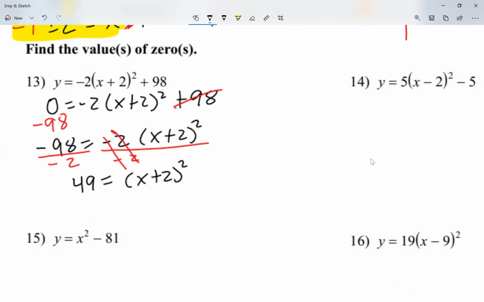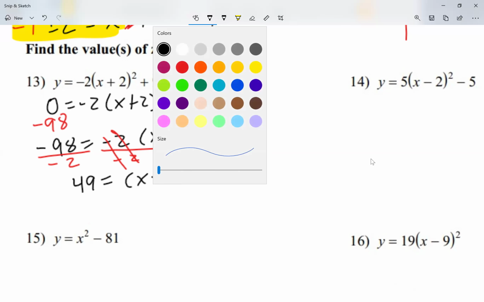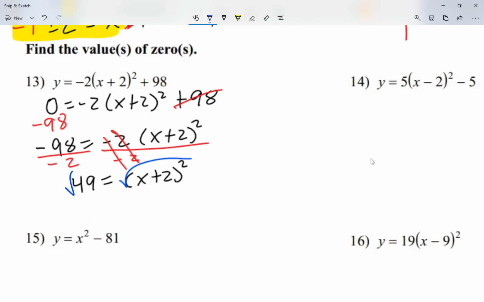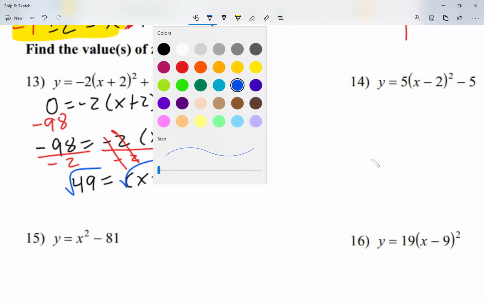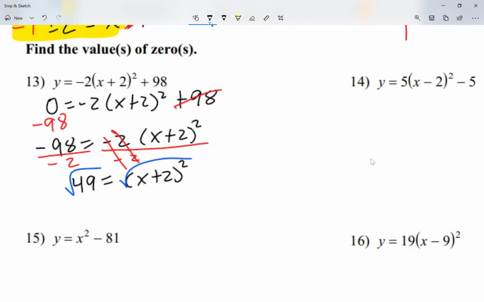I have the parenthesis squared by itself, right? So this is when I do my square root. So I'm going to get plus or minus 7, because the square root of 49 is positive or negative 7. So plus or minus 7 is equal to x plus 2. And then this plus 2, I'm going to move it to the other side as a minus 2.